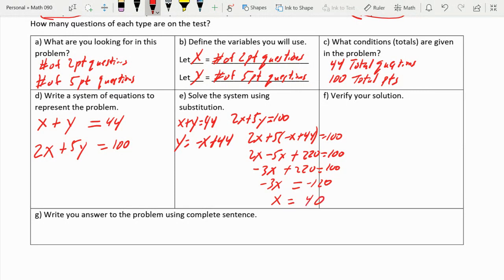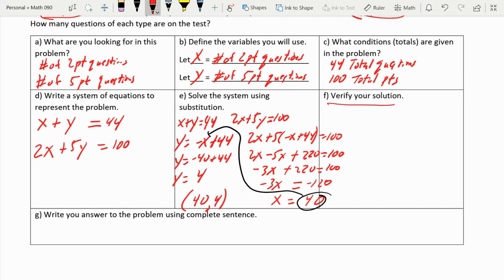Again, remember, I take this and plug it in for x. So y is equal to negative 40 plus 44. y is equal to 4. So my solution is 40 and 4. Again, I'm going to let you verify.